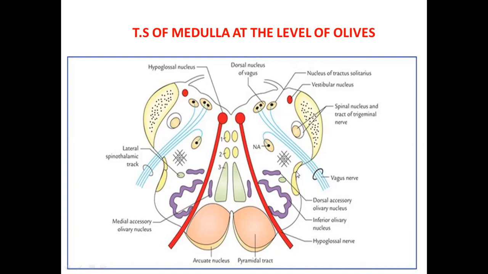Then we have the arcuate nuclei. They are situated on the anteromedial aspect of the pyramids. They receive fibers from the cerebral cortex and they send efferent fibers to the cerebellum.